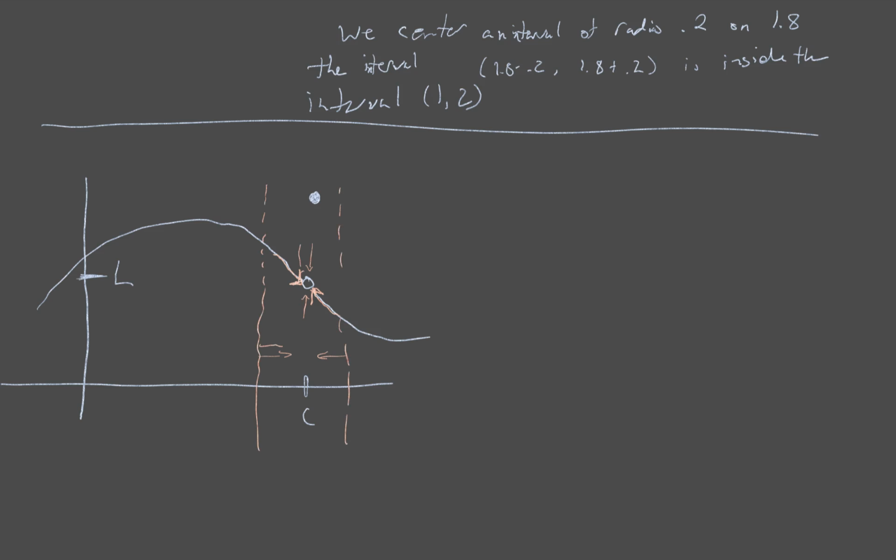And how I want to do this is, I'm going to tell you some tolerance on the outputs. I'm going to say I want to be within epsilon of L. That means I go to L minus epsilon and I go to L plus epsilon, right? There's L plus epsilon, there's L minus epsilon. This distance here and this distance here are epsilon.